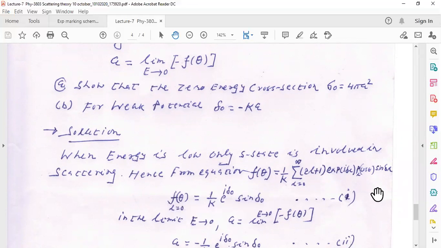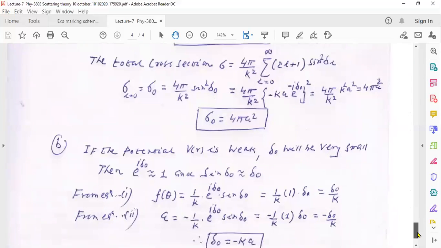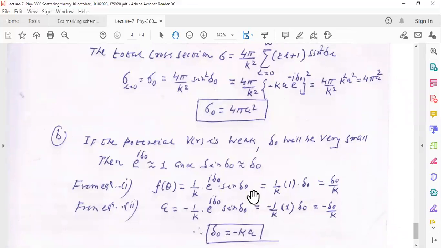In this equation 1, e to the power of I delta 0 is equal to 1, and sine delta 0 will be delta 0. So it is delta 0 by k, so f theta equals delta 0 by k.